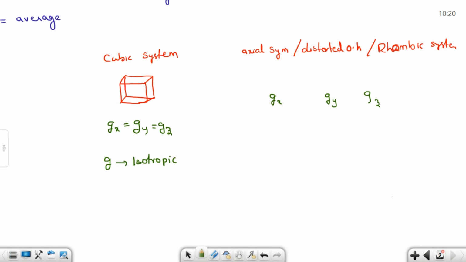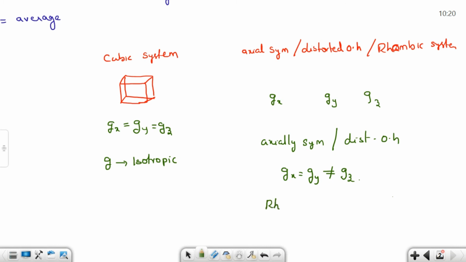For example, when you take an axially symmetrical or distorted octahedral molecule, Gx is equal to Gy but not equal to Gz.